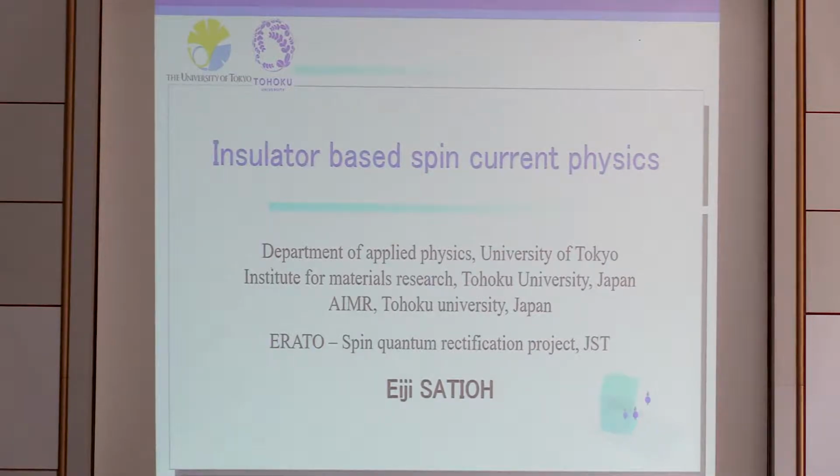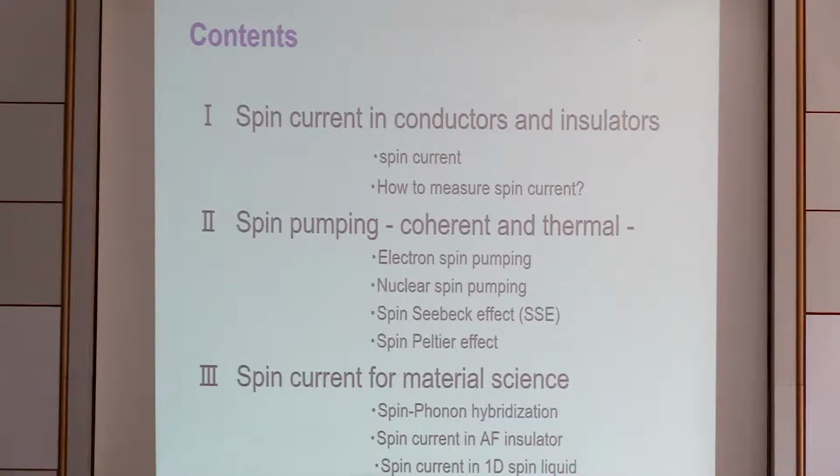Today I'd like to give an introduction to spin current physics and spin tunnel physics based on the EEC, atomic garnet. First, I'd like to mention the basic idea of the spin current and how to measure it. Next, I'd like to mention spin pumping, a very nice way to make spin current in condensed matter.